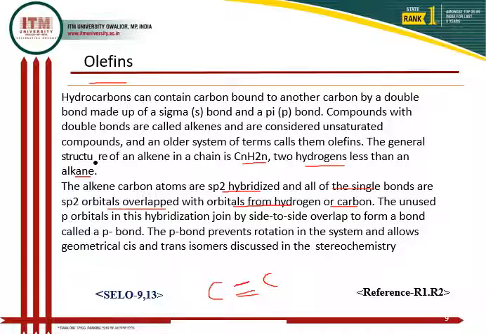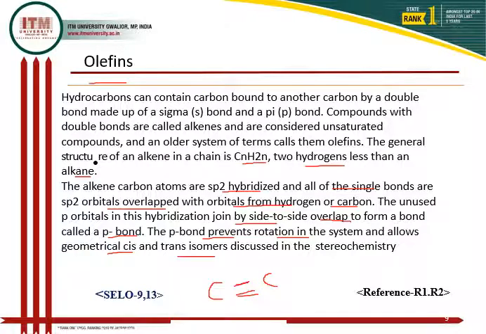So on undergoing the sp2 hybridization, we have the overlapping, and the unused p orbitals join side to side overlap to form the pi bond. So the pi bond is formed by the sidewise overlapping of the p orbitals. The pi bond prevents the rotation in the system, and it is also responsible for the geometrical cis and trans isomers.